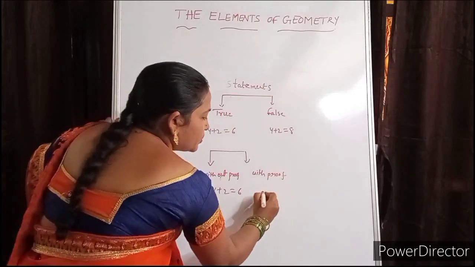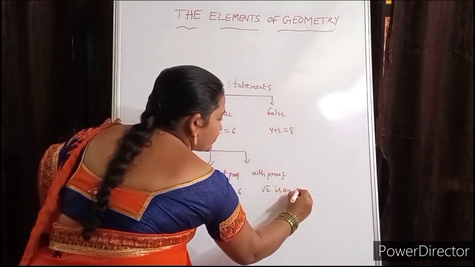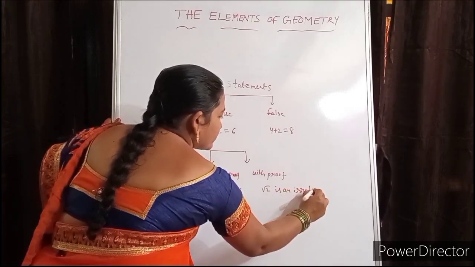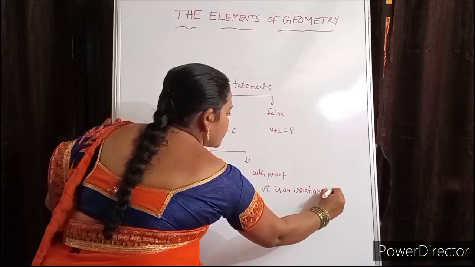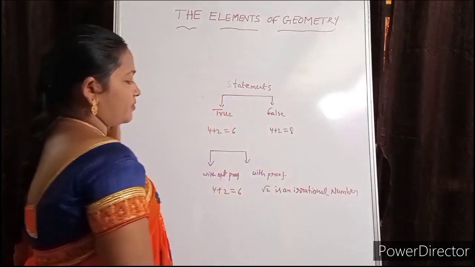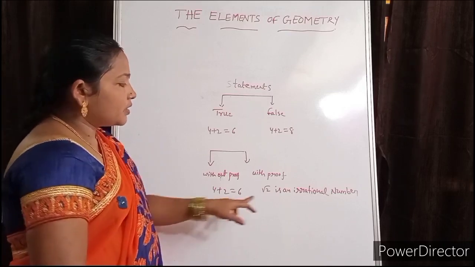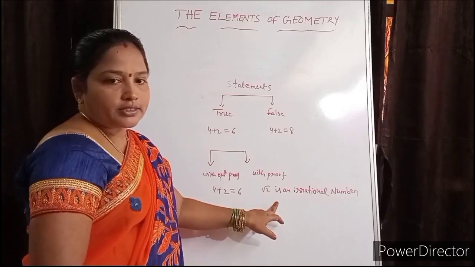With proof: root 2 is an irrational number. The one without proof is an axiom, and the one with proof is a postulate.